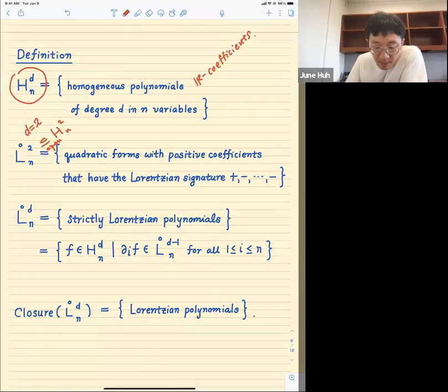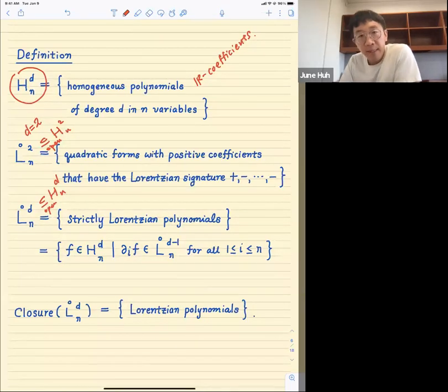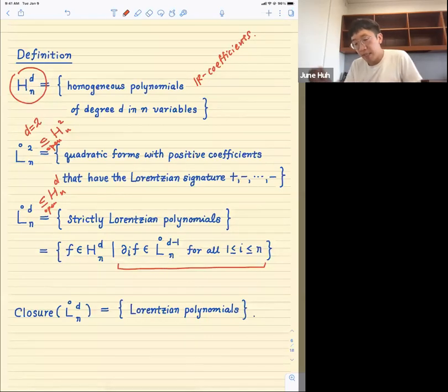And for general d, I'm going to define an open subset of HDN, denoted by L naught of Dn. And this is by definition what I'm going to refer to as the set of strictly Lorentzian polynomials. And it consists of homogeneous d-forms in n variables with the property that its ith partial derivative is in L naught of d minus 1, n for all i.